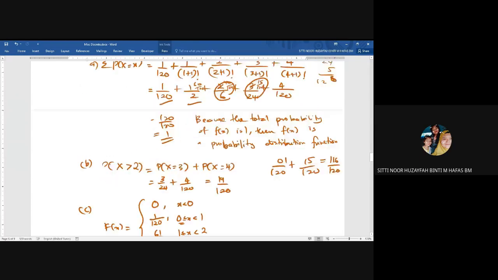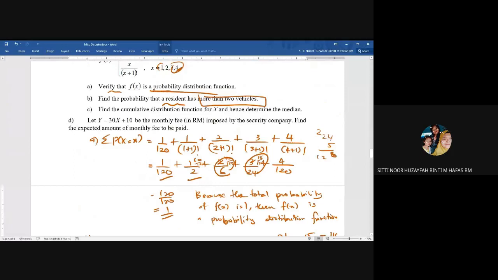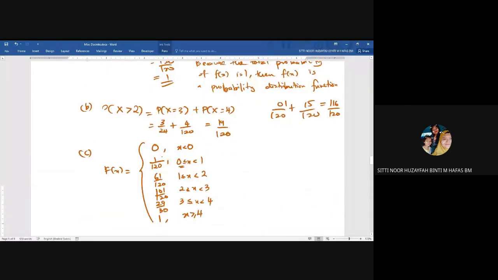Now, the next question, hence determine the median. So that means we use this cumulative to determine the median. So where do you think the median lies? Okay, so 1 over 120 is far from the median. If you use a calculator, you get decimals, right? So using decimals is easier. So 61 over 120 is actually 0.5 something.